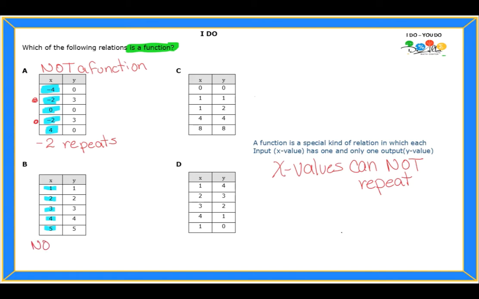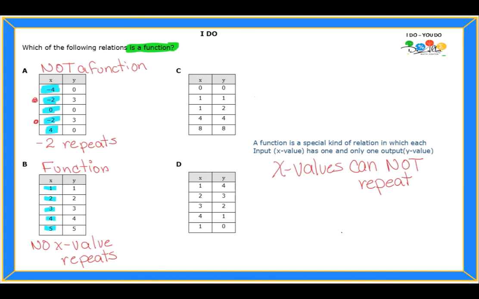No, no x value repeats. So if no x value repeats, what does that mean? Then it means this is a function. Notice how I'm not even looking at the y values, okay? This is about the x.